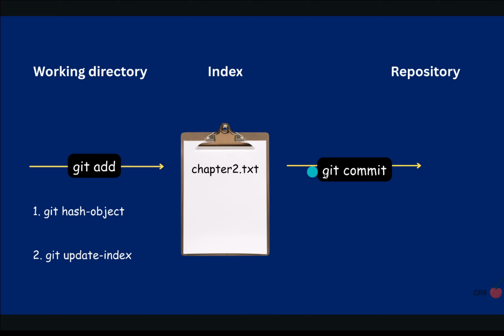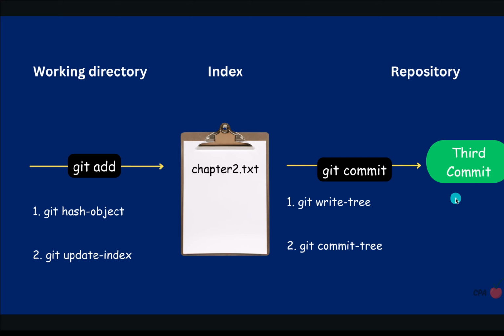These 2 commands we will use all the time in our daily work. We will not be using these plumbing commands because they are difficult to remember and not that easy to work with, while git add and git commit are simple and easy to work with. And git commit itself does 2 things. It first uses git write-tree to save the tree, and then it commits that tree. And then we have our third commit.